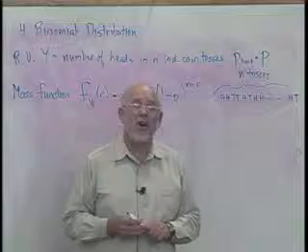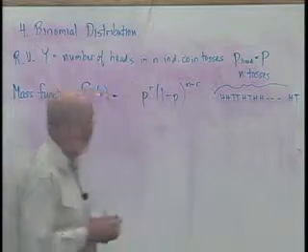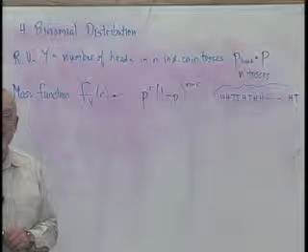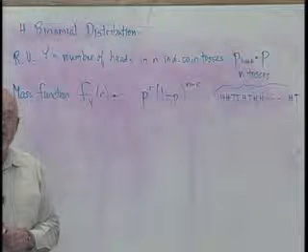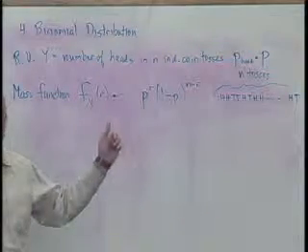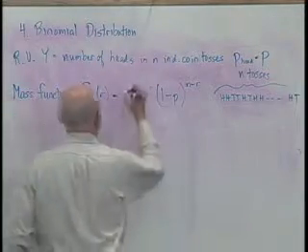What's the number of ways of selecting the r positions where the heads occur? N choose r, because you're choosing r of n positions to put the heads in.